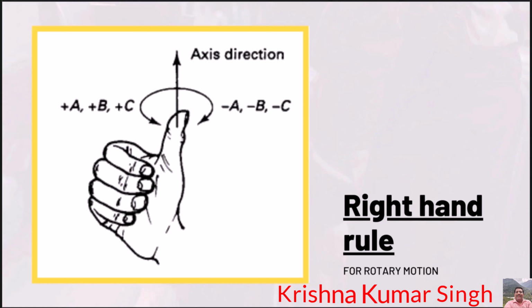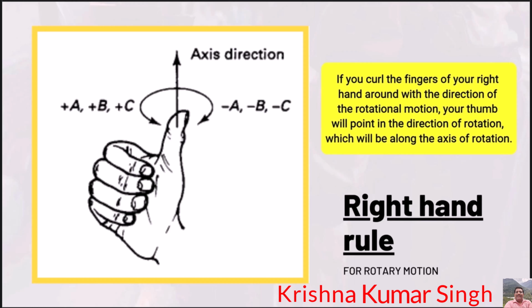The motion, or to be specific, the rotation of a spindle, can be found out by using the right hand rule, which says that if you curl the fingers of your right hand around with the direction of the rotational motion, your thumb will point in the direction of rotation.